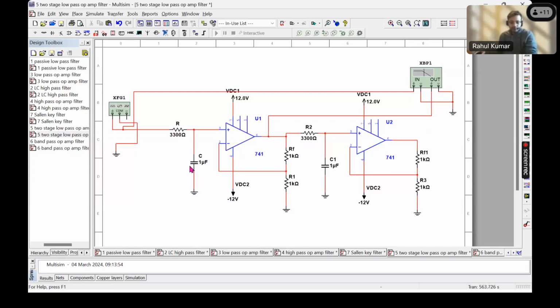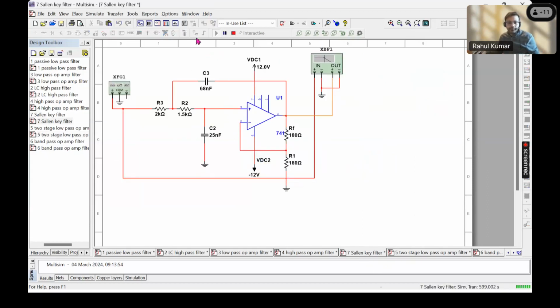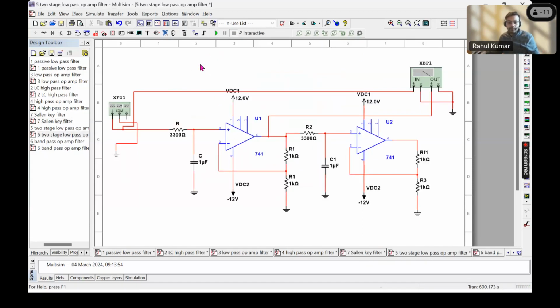It will be 1 over 2 pi multiplied by R times C. So if I do the calculation real quick, 2 pi multiplied by 3300 multiplied by 1 microfarad, 10 to the power minus 6, and take the inverse of that, we are getting around 48.2 hertz, right? So let's quickly verify that. I have to stop this one and then run this.